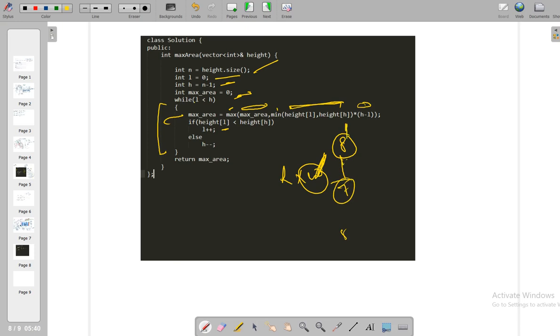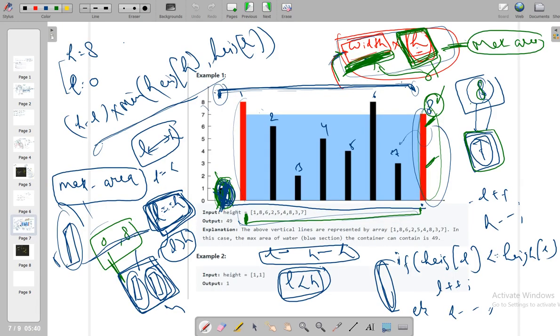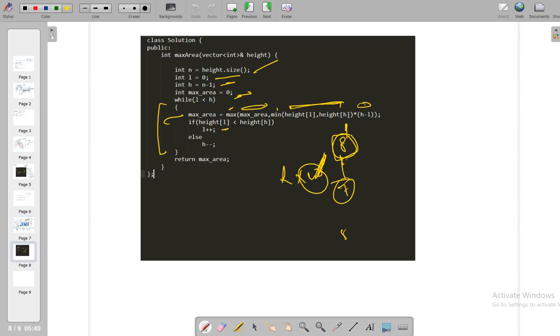We cannot go to a higher width, because after 8 there is no width. So we have to decrease width, but in a way that whatever width we have right now is the maximum. So after 8, the maximum width is 7, then after 7 it is 6. In this way, for the width we have control, but for height we don't have direct control.